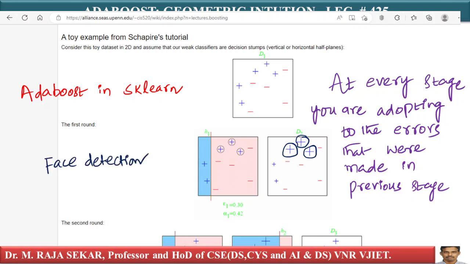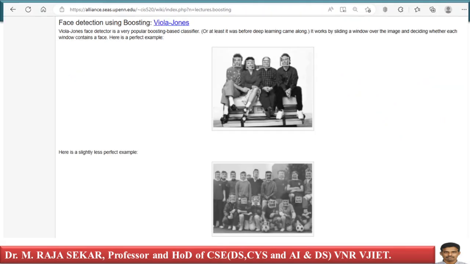Personally speaking, from my own biases, I have seen GBDT being applied much more than AdaBoost, especially in internet companies. I may be wrong about other companies. For general purpose machine learning, GBDTs are more often used than AdaBoost. There are so many articles. This is an article related to AdaBoost, face detection using boosting.